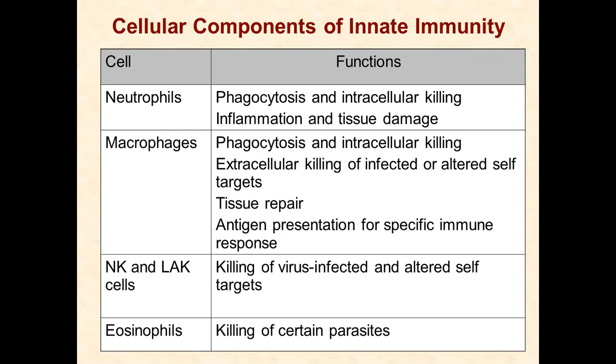They participate in tissue repair, and a very important function of macrophages is the antigen presentation for specific immune response, but we will study it a bit later. Natural killer cells can kill virus-infected or malignant, altered cells, and eosinophils are important in protection against certain parasites.